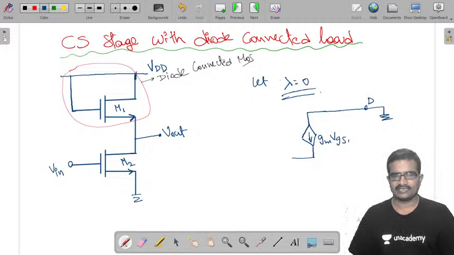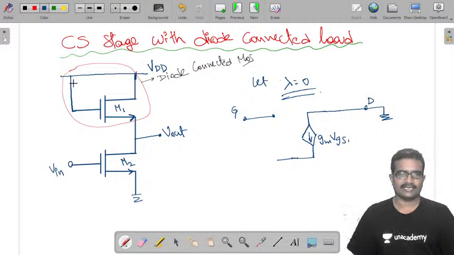Here is the source and here is the gate. The gate is also connected to ground because it is connected to supply. This is VGS.